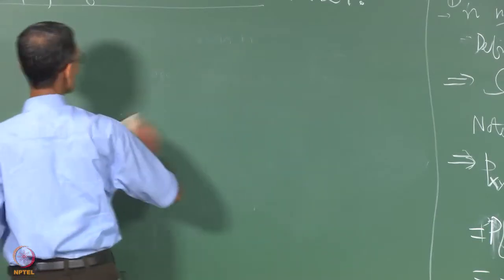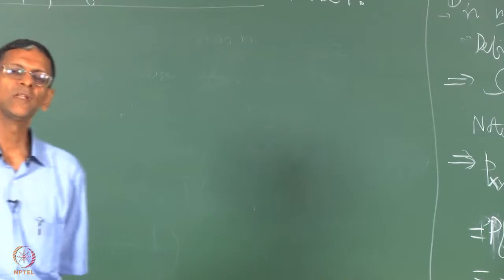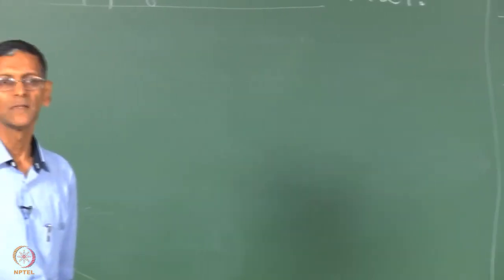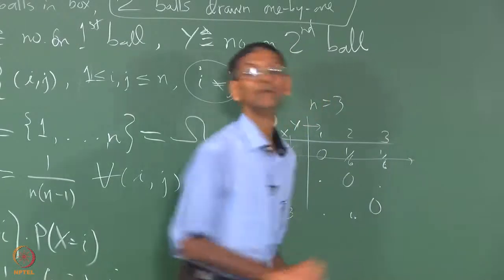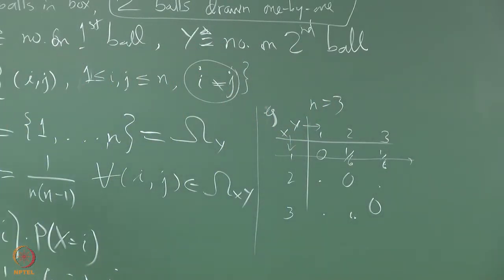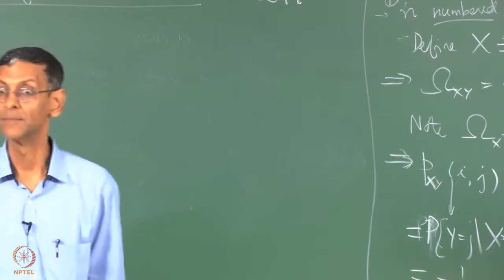Then I want to define what are called marginal PMFs. Given this joint PMF, can I obtain the marginal PMF from it? What do I mean by marginal? That is, if I go like this and add, what do I get the probability of? I get the probability that x is equal to 1 if I add horizontally. If I add vertically, I get the probability that y is equal to whatever, 1, 2 or 3.